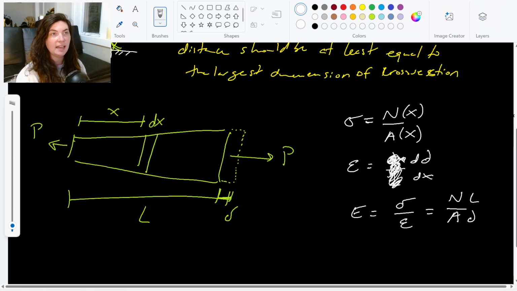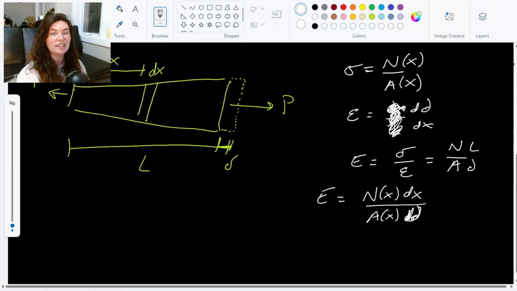What I can get is an integral when I sub all of these in together. So I can get my modulus of elasticity is that normal force as a function of x dx over area as a function of x times the d delta, change in delta.